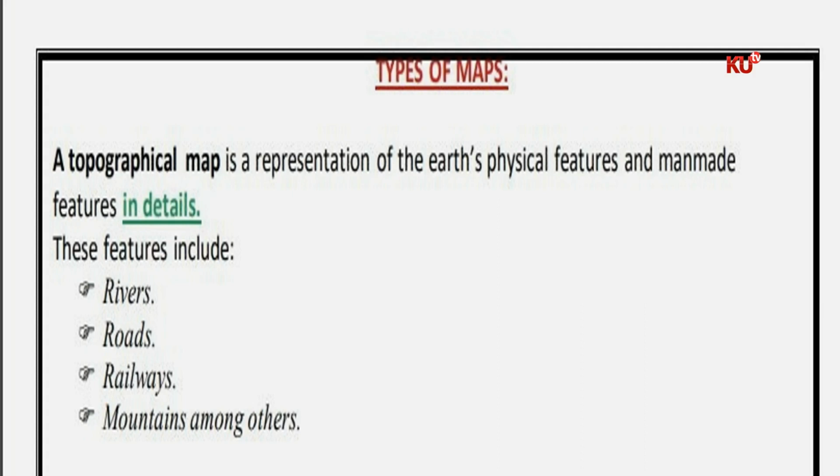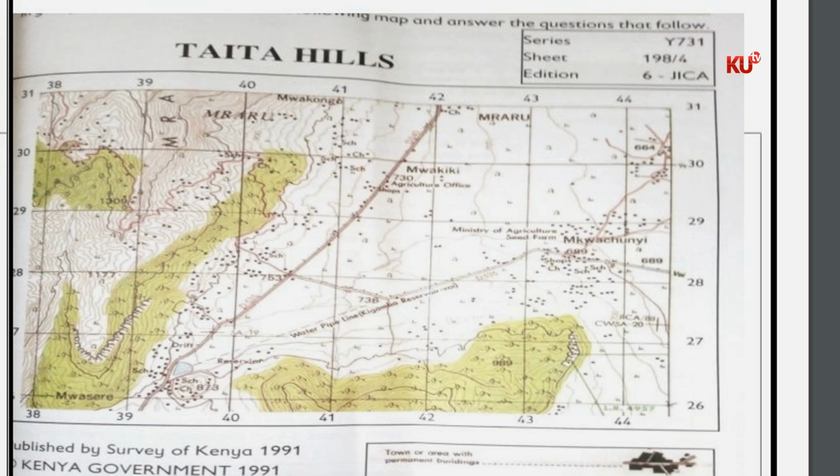Now, if we go back to the map of Taita Hills, you will find figures that you can observe keenly. We have rivers, roads, railways, mountains, and also vegetation.